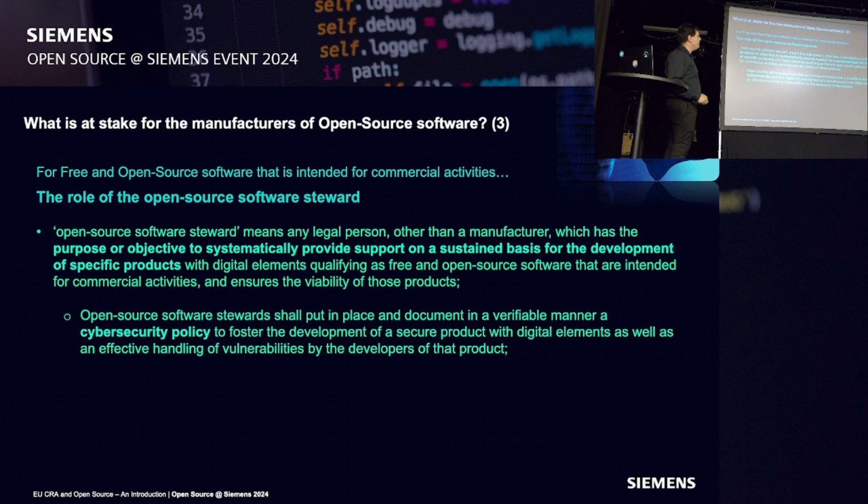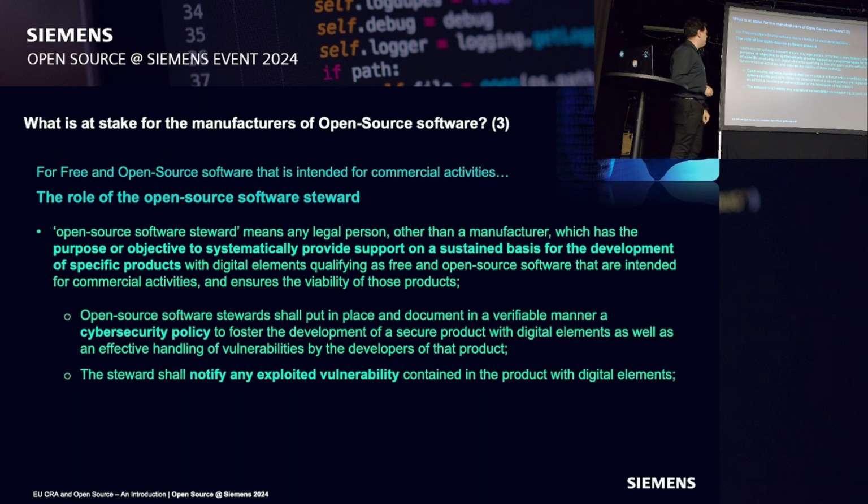I have to define a cybersecurity policy that fosters the development of secure products and ensures that vulnerability handling is performed. There are also reporting obligations for vulnerabilities. If you have an exploited vulnerability, first you need to inform ENISA and the national authorities. Second, you need to inform your customers.